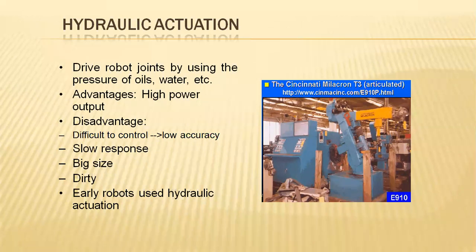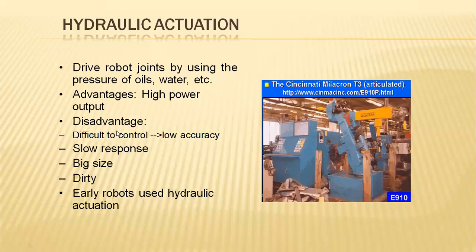The main advantages of hydraulic actuation are high power output and smooth operation of the machinery without creating noise, because we utilize oils. Oil itself acts as a self-lubricant, so additional lubricant is not required, giving better accuracy in hydraulic actuation.